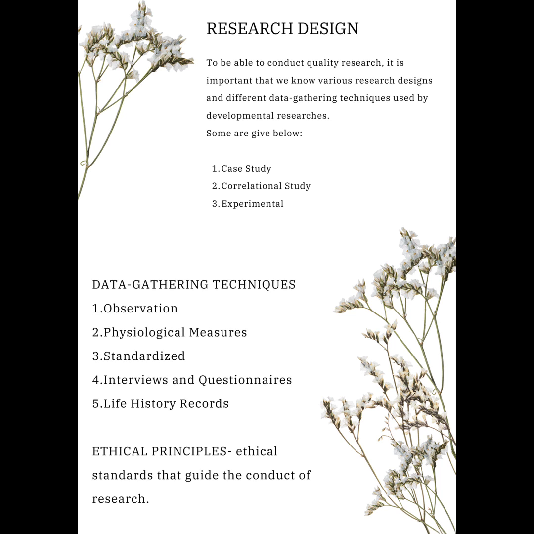These are prepared tests that assess individuals' performance in different domains. Fourth, interviews and questionnaires. This involves asking the participants to provide information about themselves. And fifth, life history records. These are records of information about a lifetime chronology of events and activities.